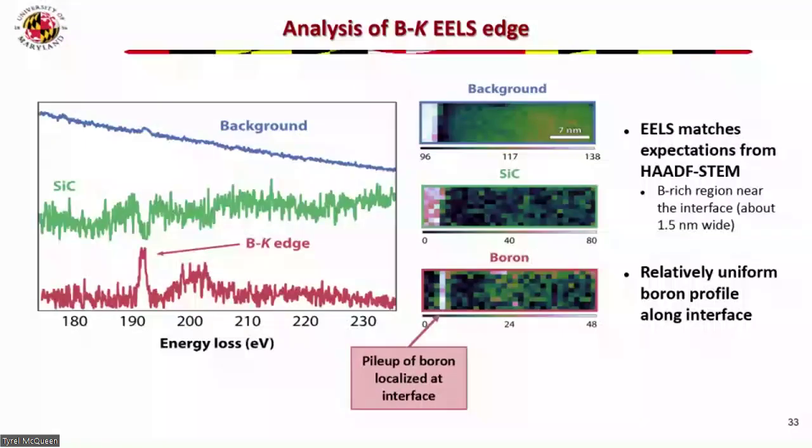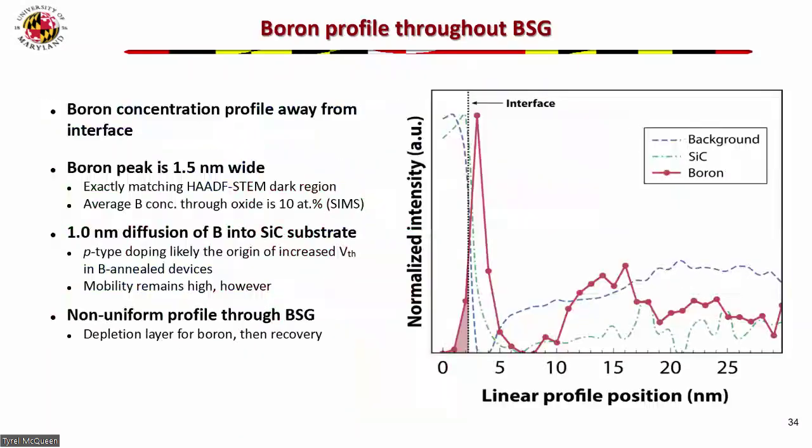When we map it out, we can see that there's pileup of boron right at the interface. So it's similar to the nitrogen case, the nitric oxide annealing. But now boron is going to the interface, but there's still some boron in the silicon dioxide layer. If we get the profile of this boron, here's where the interface is.